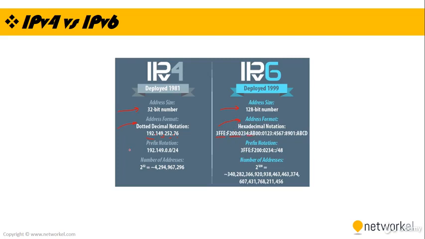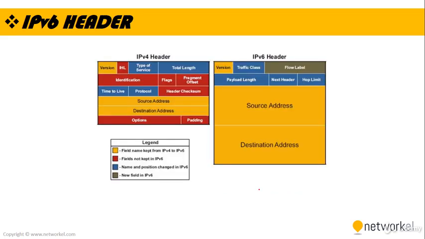And there's a difference in the prefix notation as well. The biggest difference between them is really the number of addresses that they support. As you can see, IPv4 supports this, and IP version 6 supports a really huge number of IP addresses.